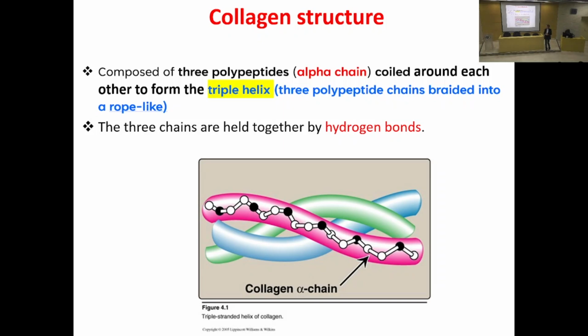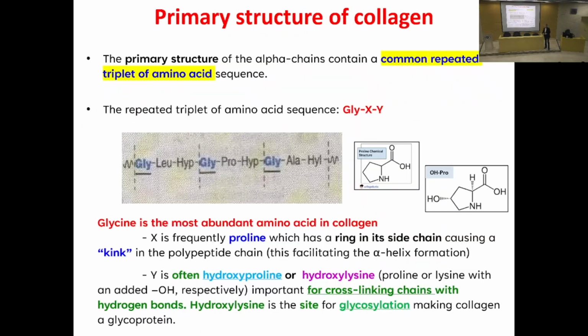Clear? Okay. So now, if I go to the primary structure, no, it's the whole collagen.